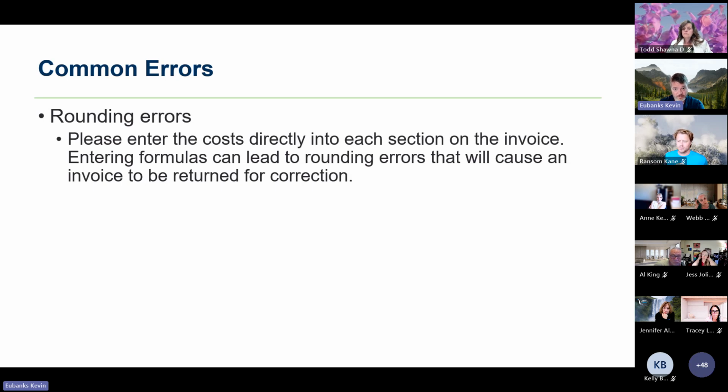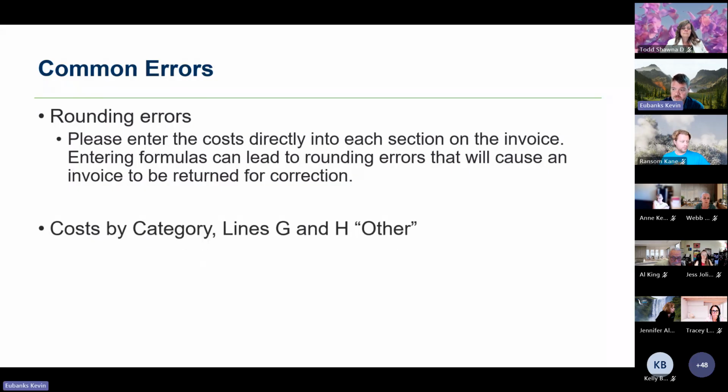So if it rounds on the invoice, it may be different in the total, and that causes a lot of rounding errors. So if you do use Excel spreadsheets to help get the numbers for each of those values, just be sure that you manually input the numbers onto the invoice template to prevent those errors.